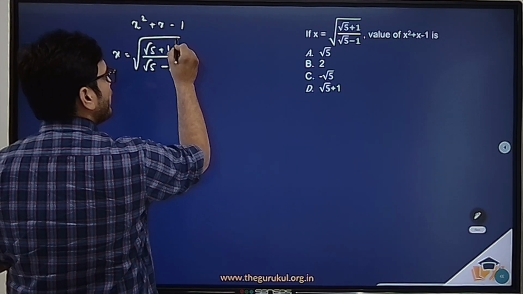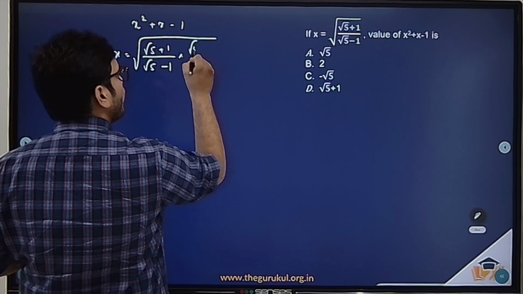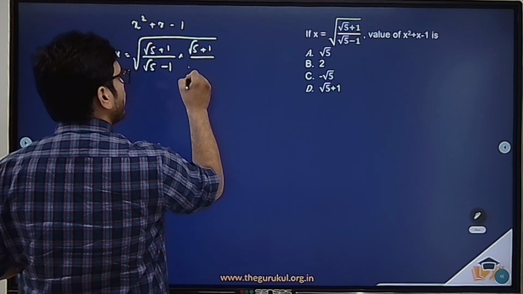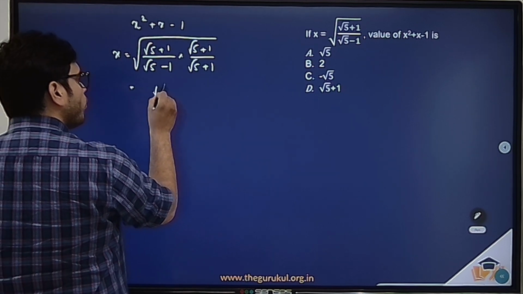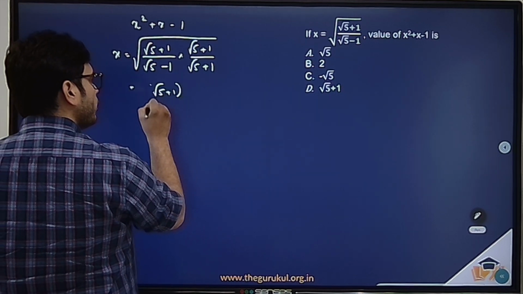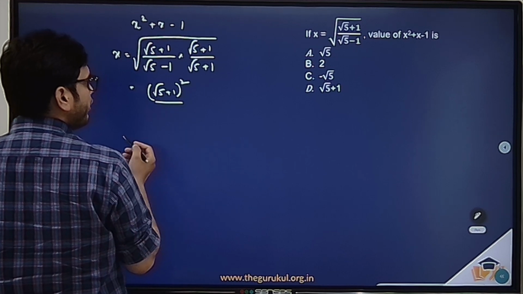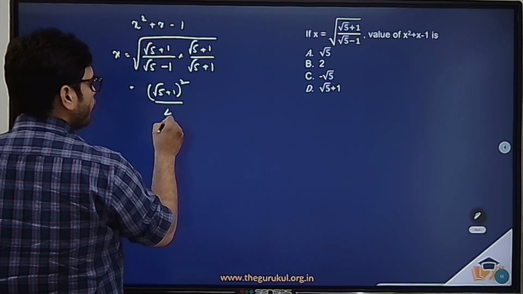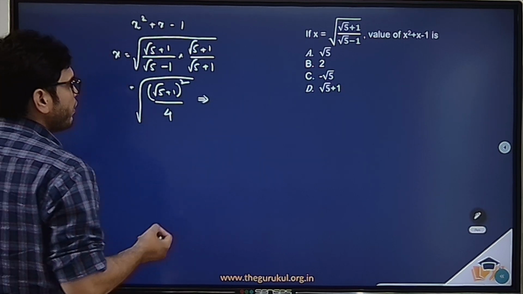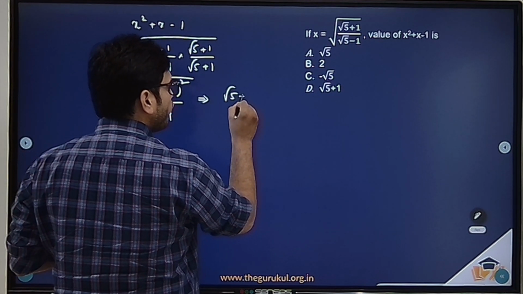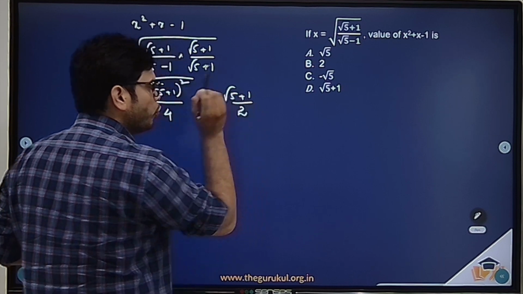Let me multiply both numerator and denominator with root 5 plus 1. So you will have (root 5 plus 1) whole square in the numerator, and in the denominator 5 minus 1, 4. This implies the value of x is equal to (root 5 plus 1) by 2.